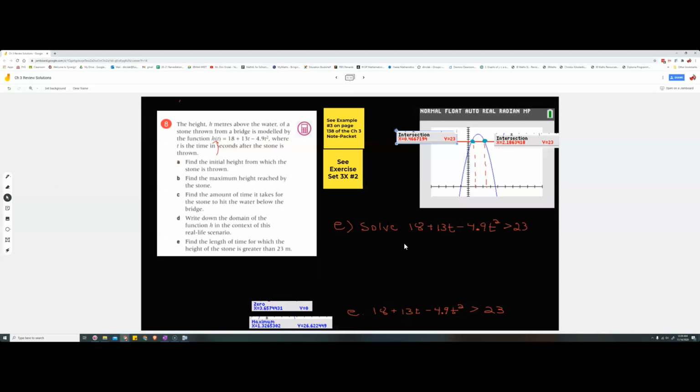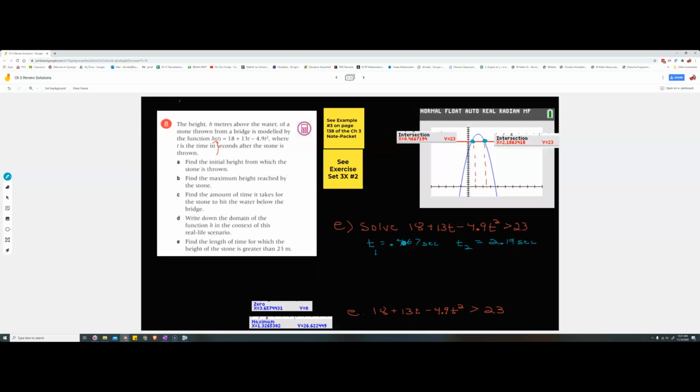All right, so if I round each one of these to 3 significant figures, the first time that it's at 23 meters is at 0.467 seconds. And then the second time that it's at 23 meters is at 2.19 seconds.